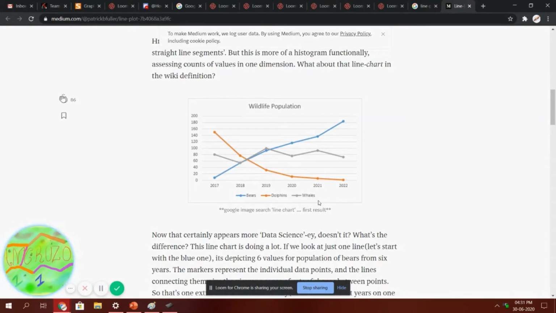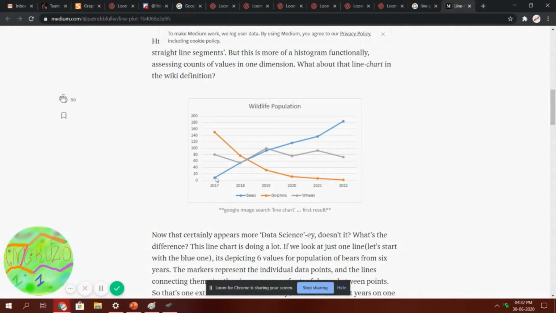This shows the number of animals in each of these species, and these are the years, and this tells us that each line is one of these species.